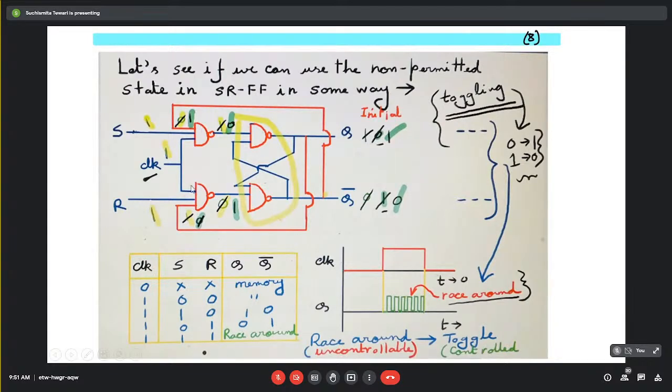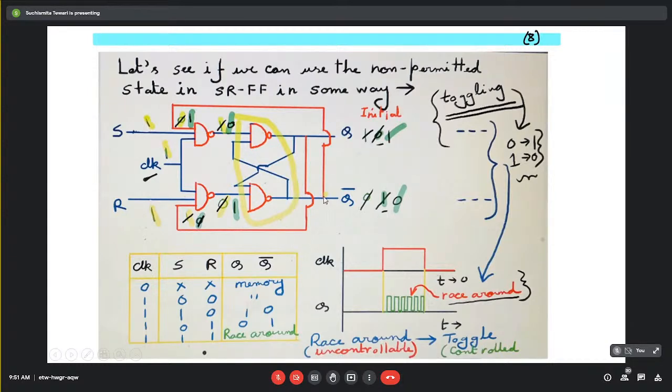Let us consider this circuit. Here the latch is given, the AND gates are given, and this total thing is the flip-flop. But one additional thing is done here: a feedback from the main output, the final output, to the first input.